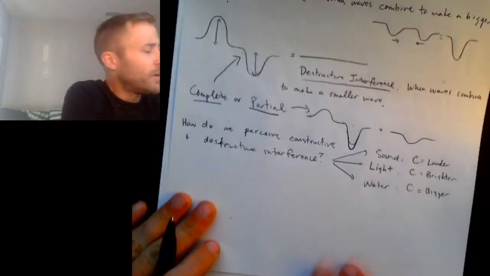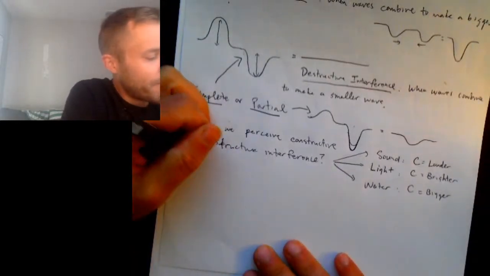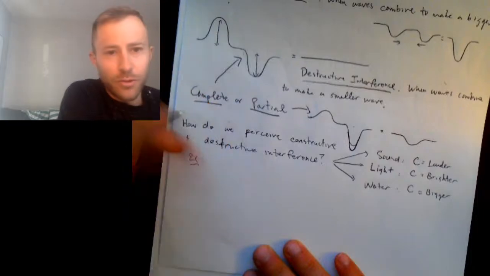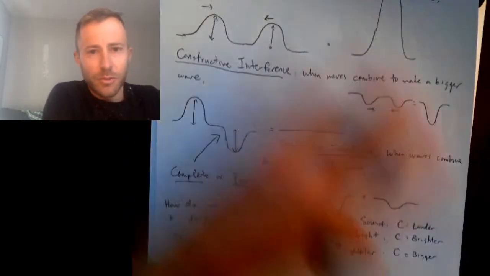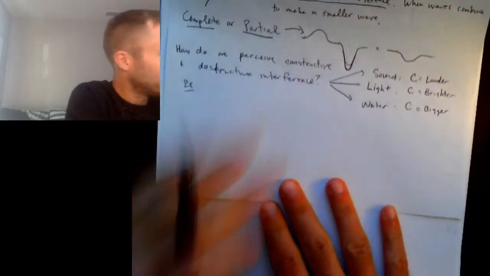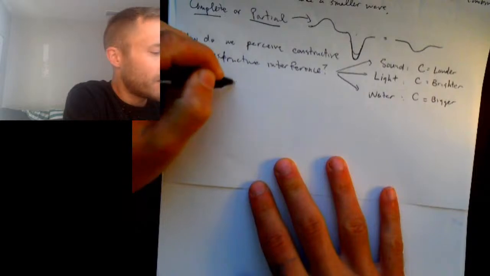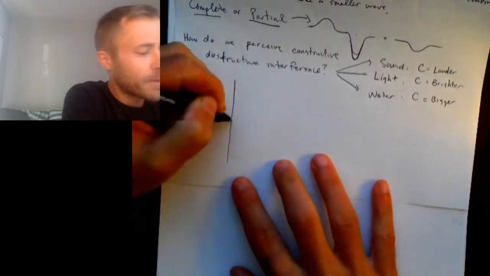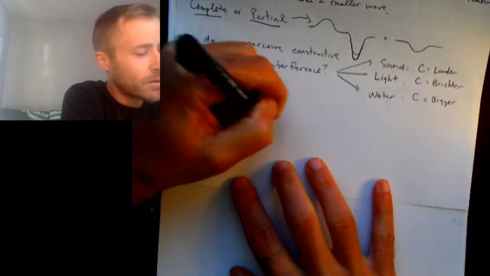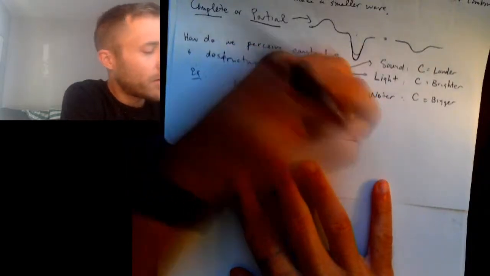So let's do an example of how to. So this is just in general. We're talking about combining waves, but how do we mathematically combine waves? So I'm going to draw a graph here. All right.